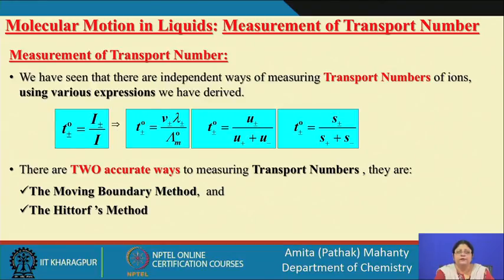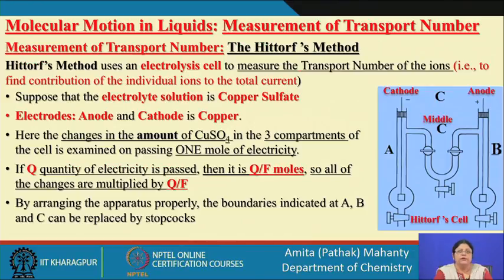It was Hittorf's method, and Hittorf was the first person to put forward the measurement of the transport number for a particular system, even before Kohlrausch's law of independent migration of ions was established in full form.